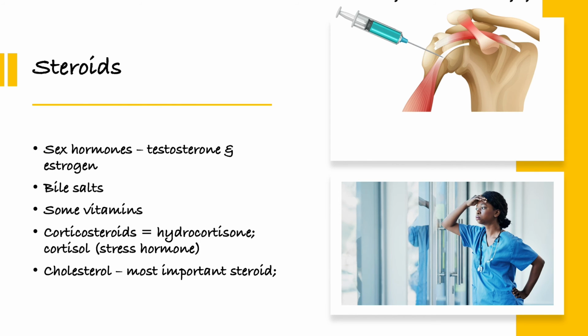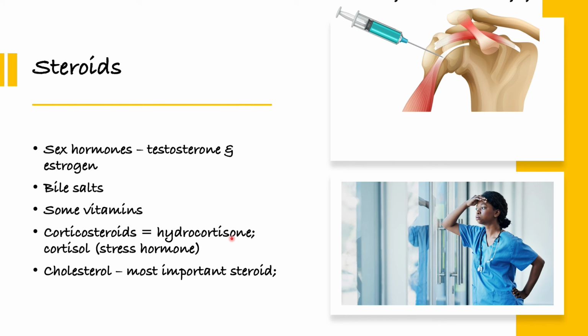So steroids. All right, steroids. Steroids are also part of lipids. They're very, very important. A lot of people don't know this, but they are precursors for sex hormones like testosterone and estrogen, and bile salts, some vitamins, all right, and corticosteroids.